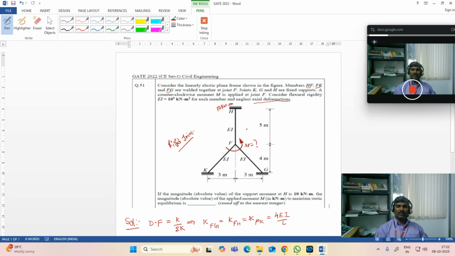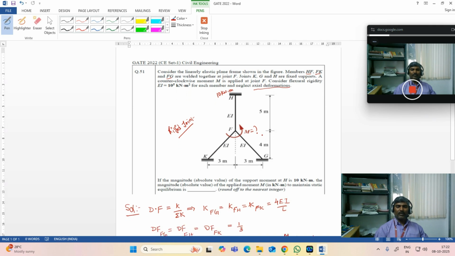This is purely based on the moment distribution concept, so you can apply it here. If you are able to calculate the distribution factor for each of these members, by the formula, distribution factor is equal to K by sigma K. The stiffness of each member, that is FH, FK and FG, is given by 4EI by L, because all the far ends are fixed.